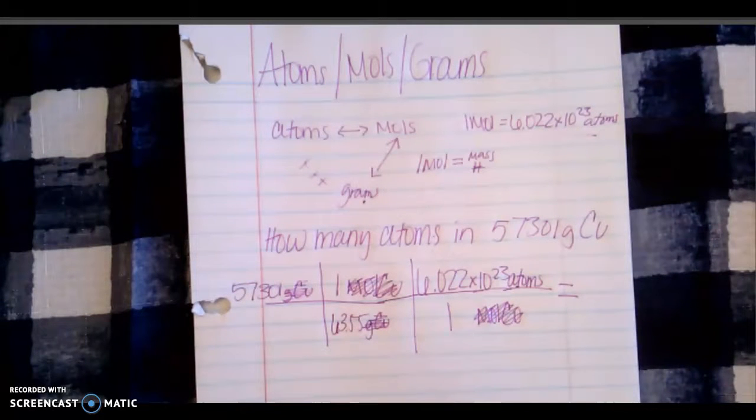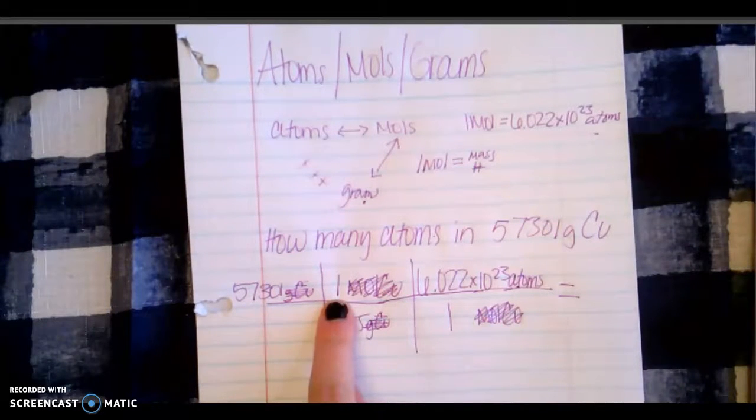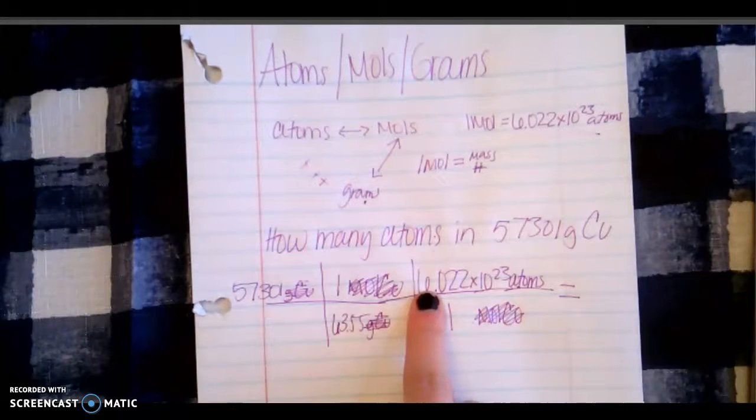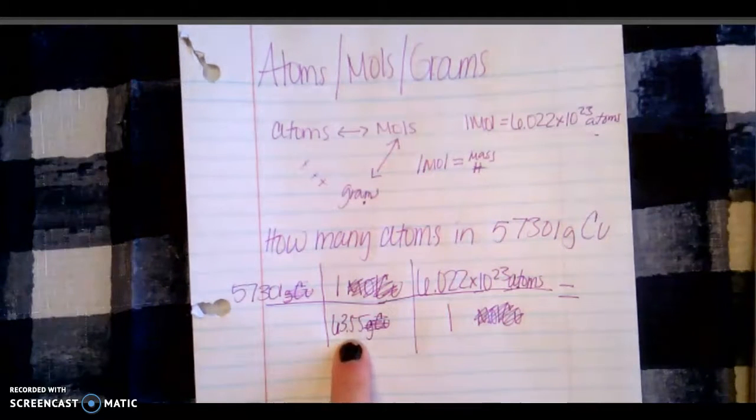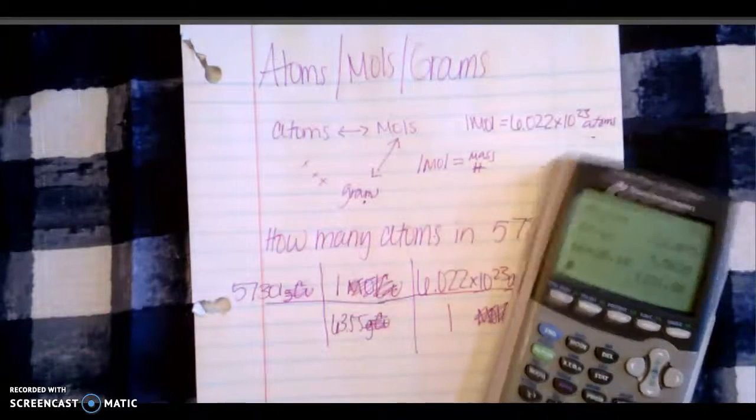Now, when you put this in your calculator, it is going to be this number times this number times this number divided by this number, and then that'll be equals because dividing by 1 is just 1. So let's go ahead and put this in our calculator.